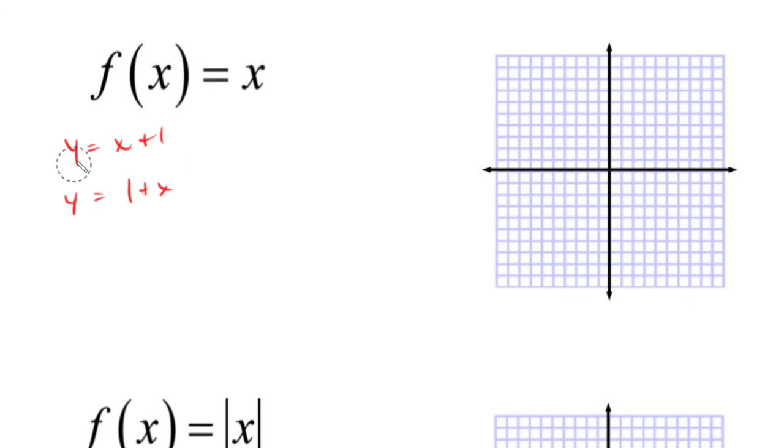It has the parent inside, the y equals x part, but it's also got this plus 1 here. And what the plus 1 does is it takes whatever x value you plugged in and adds 1 to it, and that's the y value. So if you plug in 0, here's the parent function. I'll graph the parent.